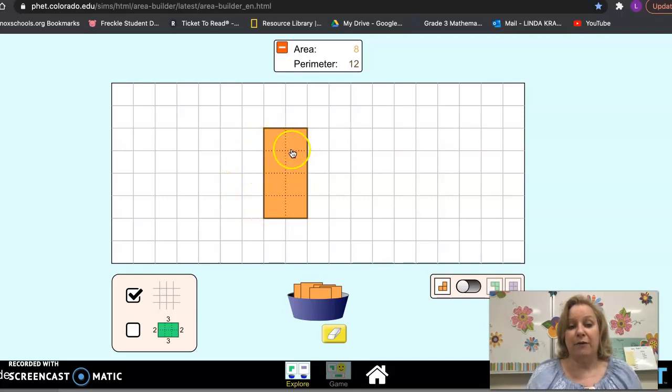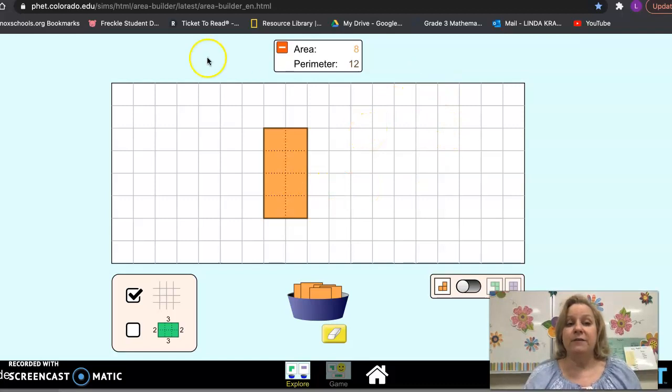Here we would have 4 rows, so a width of 4, and 2 columns, so a length of 2. So 4 times 2 is the area, and our area here would be 8 square inches, or whatever you're measuring. This would be just 8 square units.